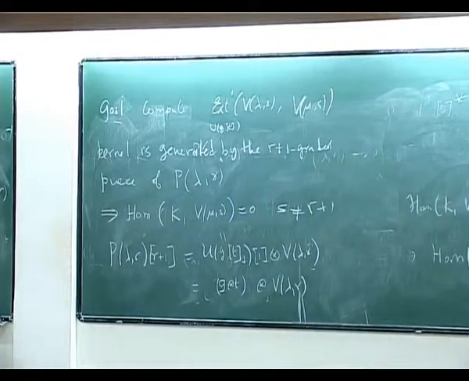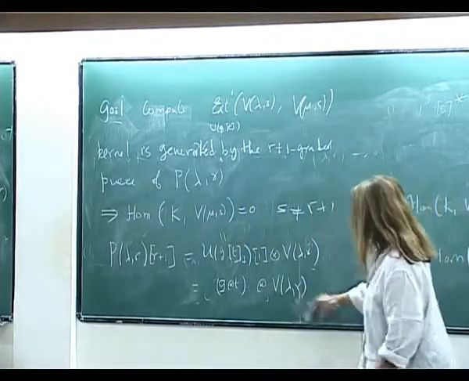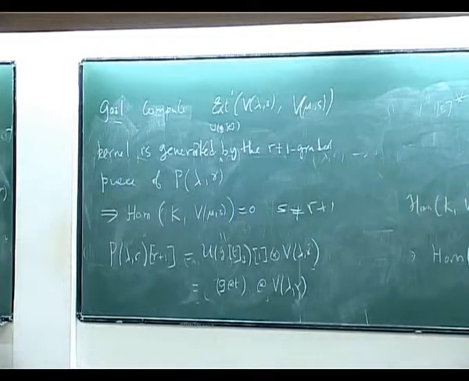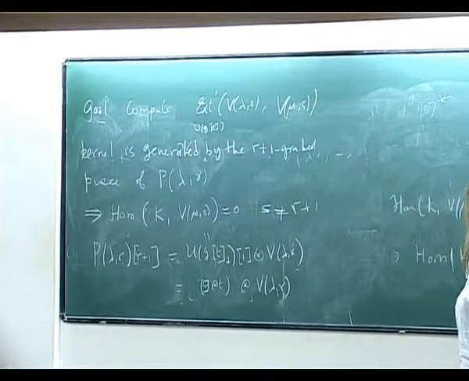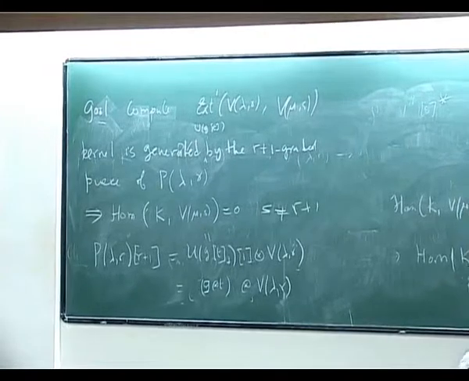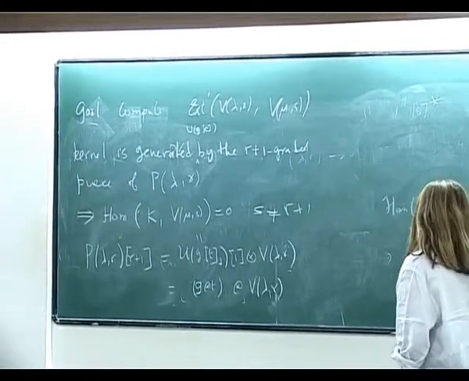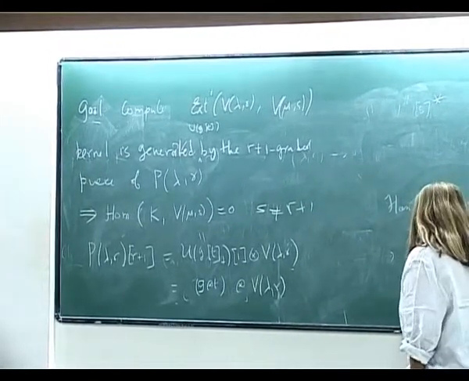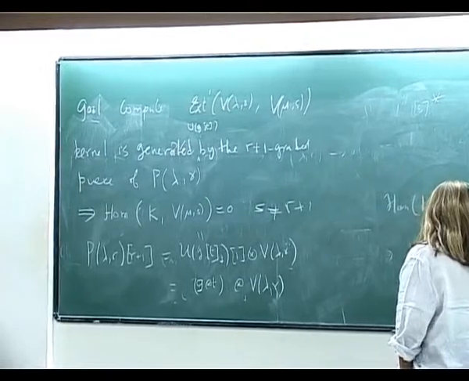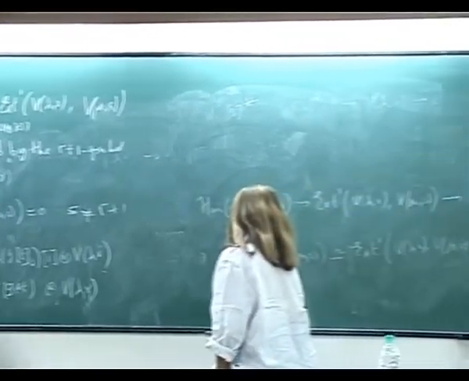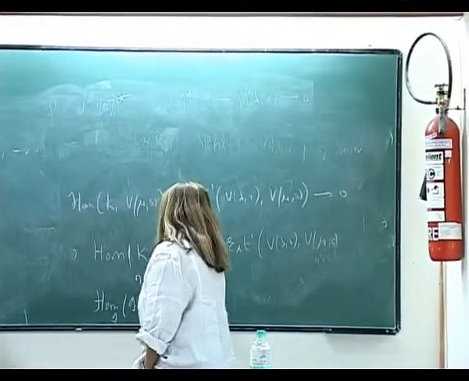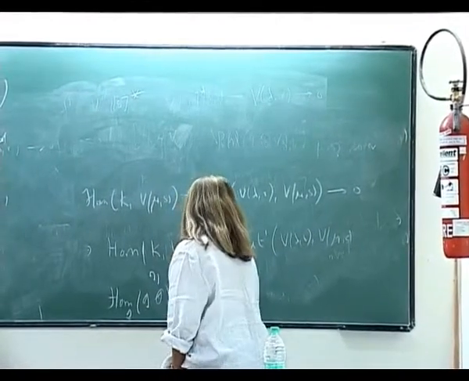So what does this tell me about this Hom space? So if you think about this a little more, this tells me that this Hom space really has to sit inside Hom G, now these are G module maps, so I'll put that in, G tensor V lambda V mu.